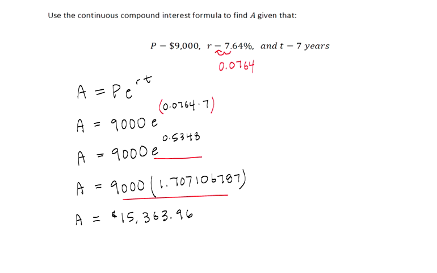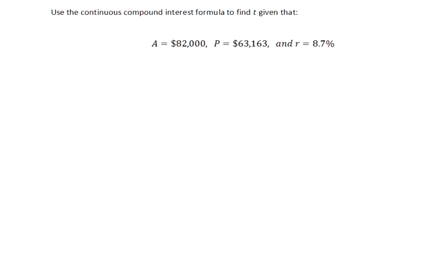Okay, let's tackle our second example here. Again, we're told to use the compound interest formula. In this case, we're going to find t, given that A equals 82,000, P equals 63,163, and r equals 8.7%. We can go ahead and change this 8.7% into a decimal by moving the decimal point 2 places to the left.